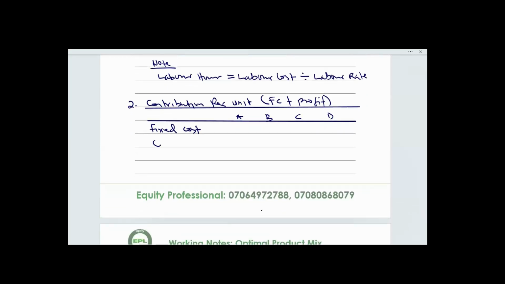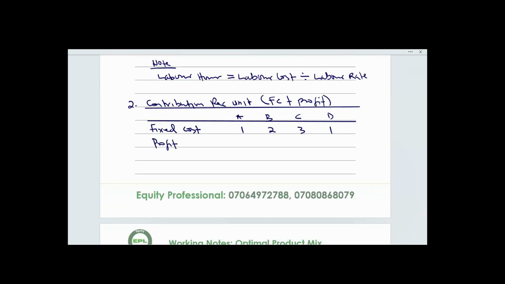What's the fixed cost of product A per unit? A is 1, B is 2, C is 3, and D is 1.